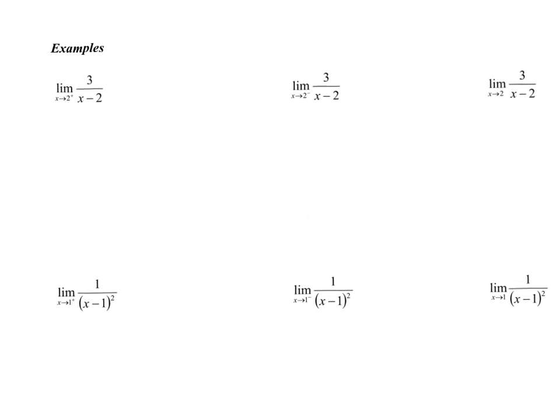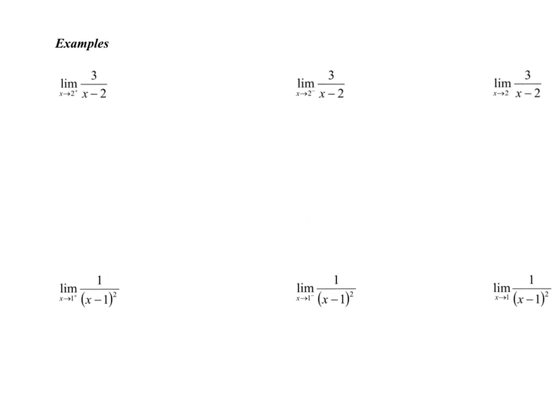So let's look at some examples, and then we'll also look at the graph to see how these work. These all talk about the limit. The first 3 talk about the limit from the right, the left, and then the total limit. The first one says the limit of 3 over x minus 2 as x approaches 2 from the right.